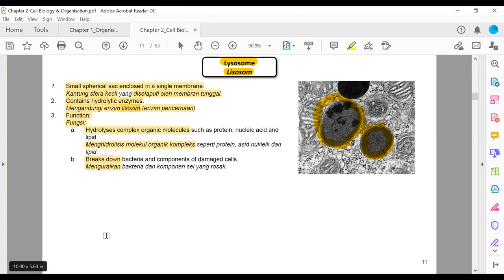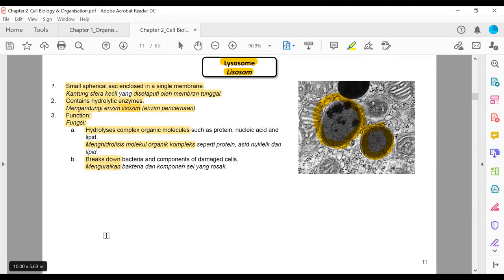So apa dia buat? Because it has enzyme. The enzyme itu ialah enzim pencernaan, hydrolytic enzyme. So fungsi pertama ialah dia boleh hydrolyze, break down complex organic molecule seperti protein, nucleic acid, and lipid.